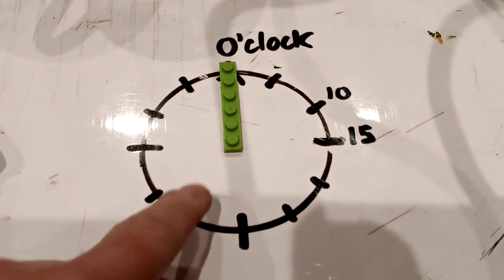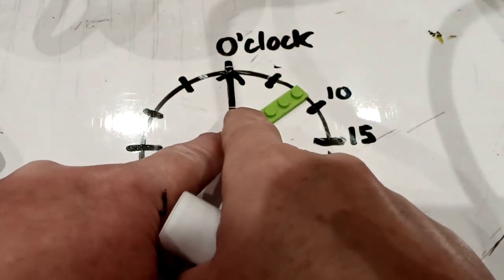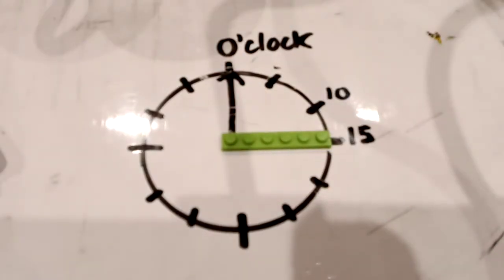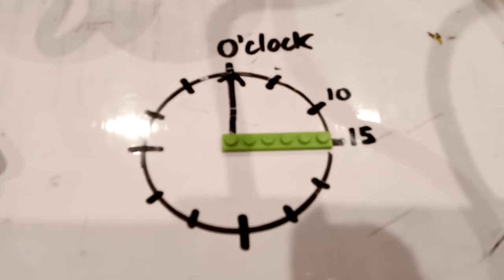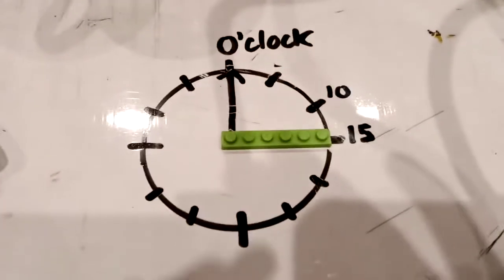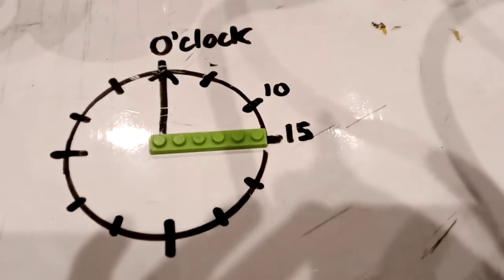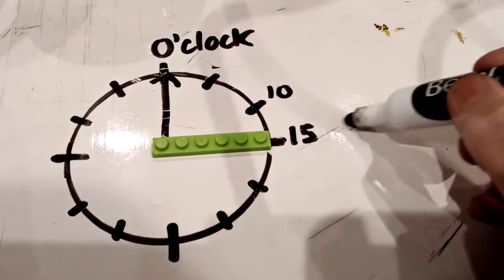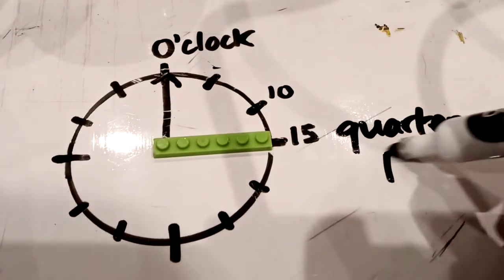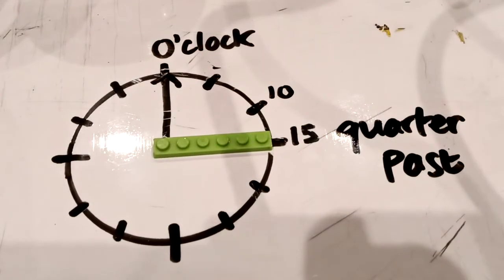When the minute hand ticks this way and points in that direction at 15, we say it's not just 15. We say it's either 15 minutes past or quarter past. Just fix in your head that when it's pointing that way, it's quarter past.